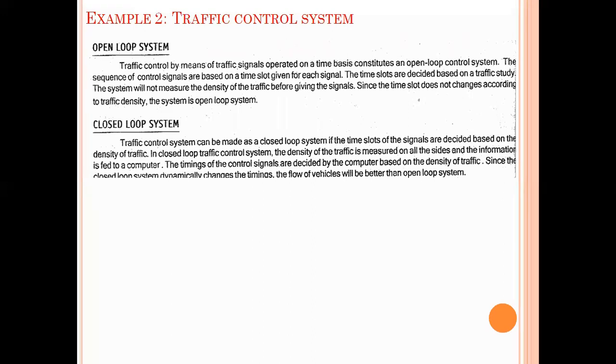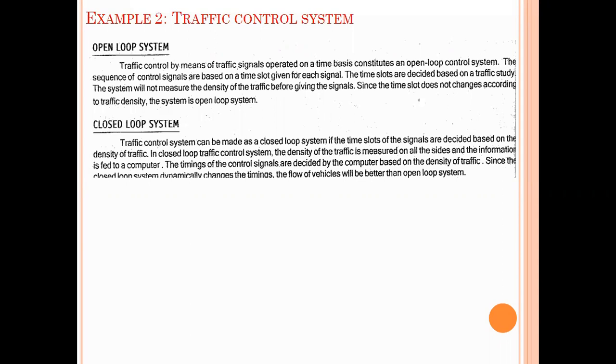In all 4 directions, this feedback element calculates the traffic density. In one direction, only 2 vehicles are there. So the traffic density is very, very less. Then the green signal will be given for 5 seconds. That's it. After 5 seconds, again, the red signal will come. So those two vehicles can go in 2 seconds or 5 seconds.